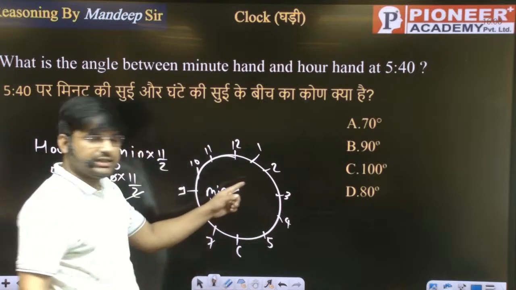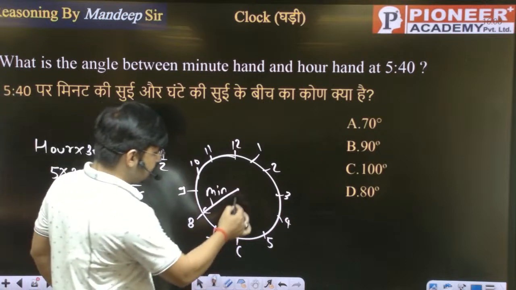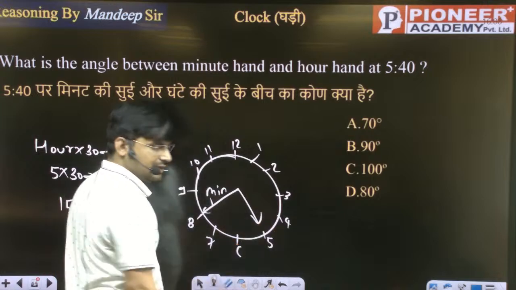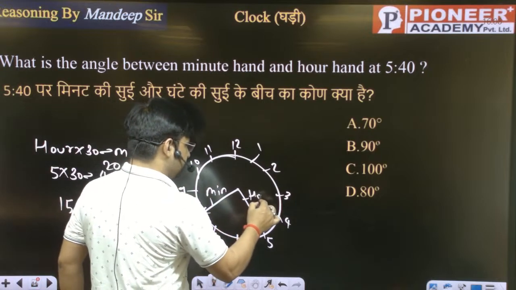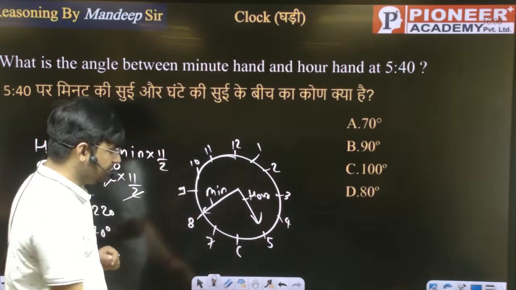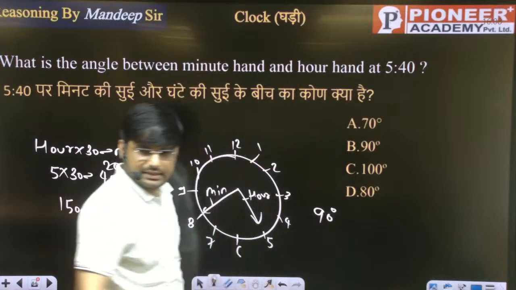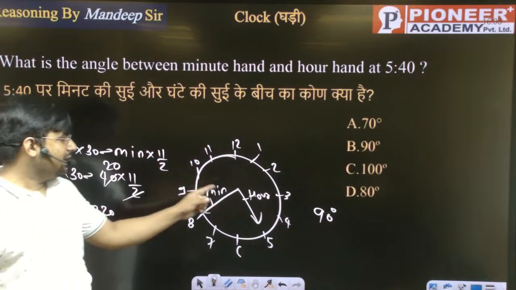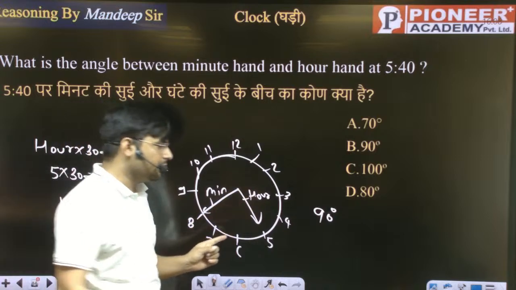The minute hand is at the place of number 8, and let's assume the hour hand is at the place of 5. So how many degrees? 30, 30, 30. It's 90 degrees. And if you see, the hour hand is before the minute hand, so we will do minus.